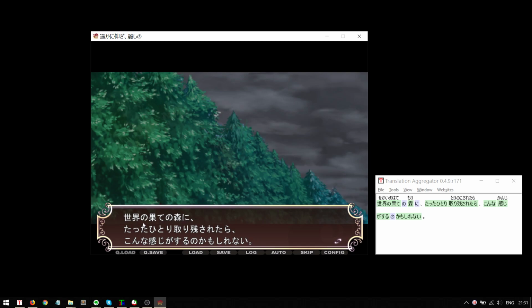Mori is forest, so this is a forest at the edge of the world. 取り残される is the passive form, very commonly used, and it means to be stranded, abandoned, left behind. たった一人 means just alone. 一人 means one person, so being the sole person, left all alone. ら is conditional, so if one were to be left all alone, こんな感じがするのかもしれない. こんな感じがする means it feels like this.